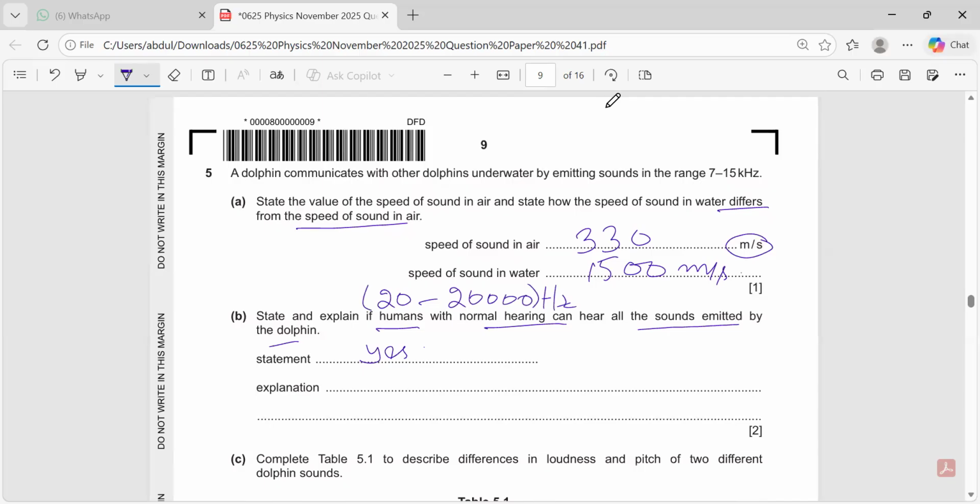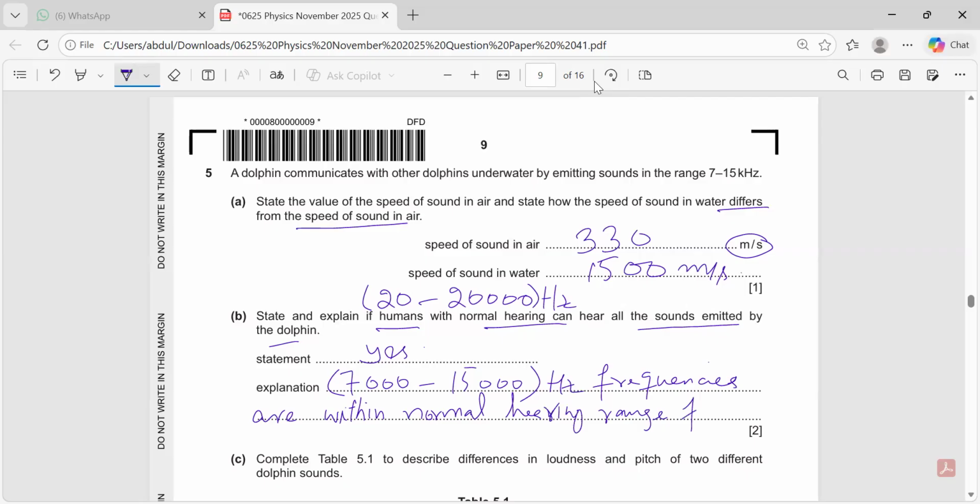So yes, 7,000 to 15,000 hertz frequencies are within the normal hearing range for humans, or in any other words with the same meaning.